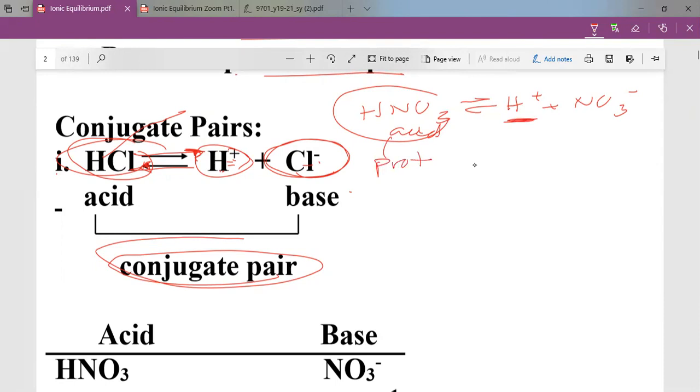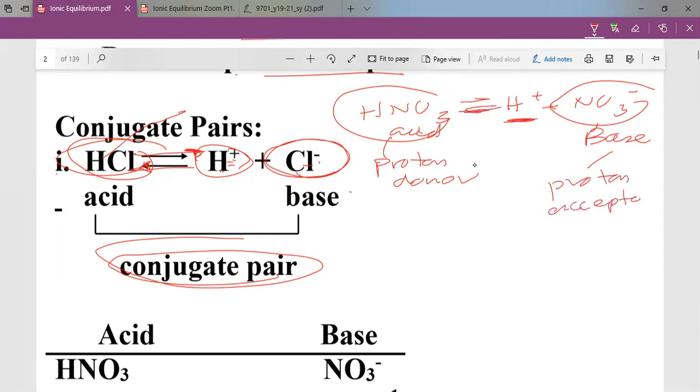And NO3 minus is a base. Why? Because it is a proton acceptor. How do you know? Because there's an arrow going backwards, which means it can accept a proton to go back. These two are called conjugate pairs.